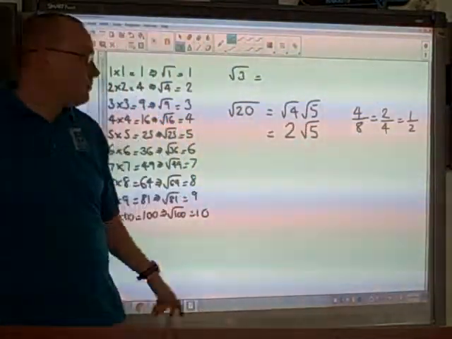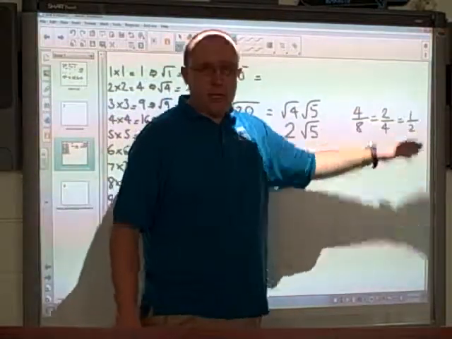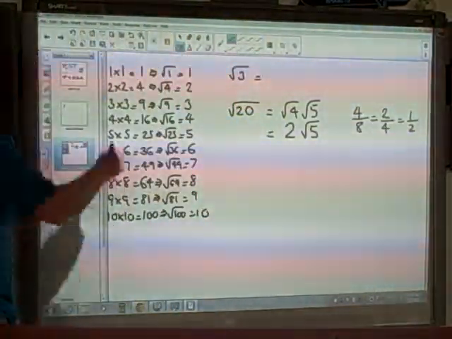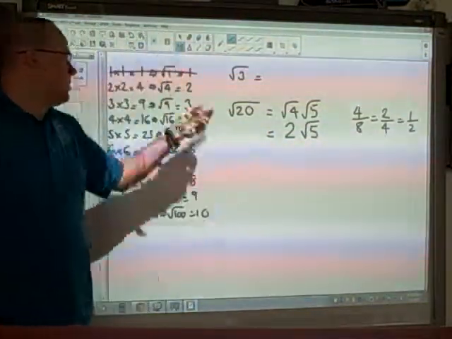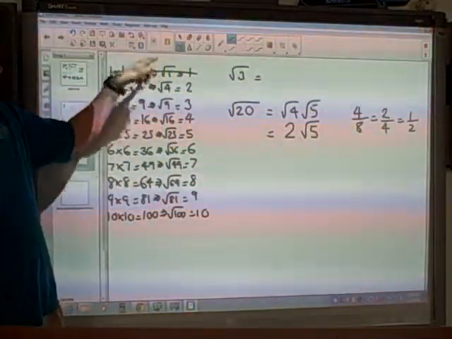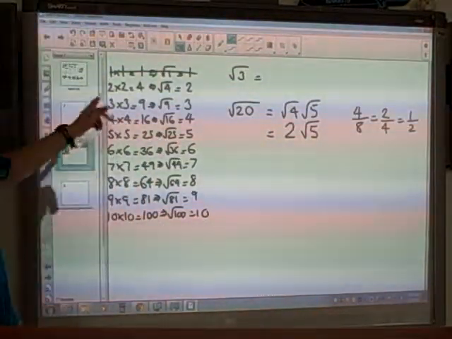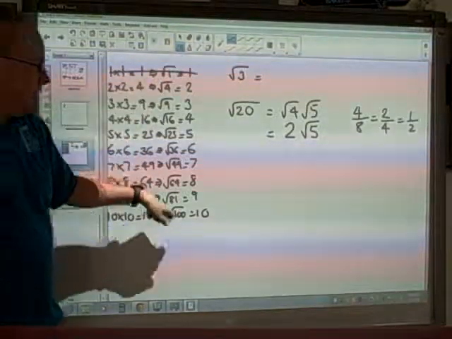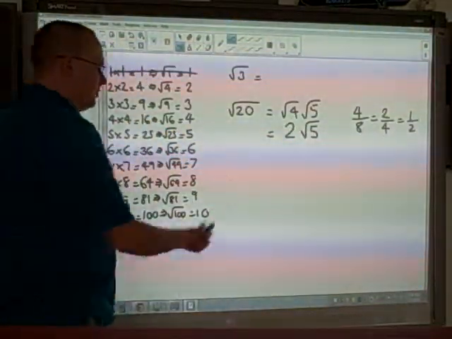Now the implication of this is, after you've simplified once, you might actually be able to simplify a second time. So I need to find two numbers that multiply to make 5, where one of the numbers appears on this list. Now I crossed out radical 1, because otherwise I just get 1 times 5, and I'm still back to where I started. And none of these numbers divide into this number, so actually I'm finished for this question.